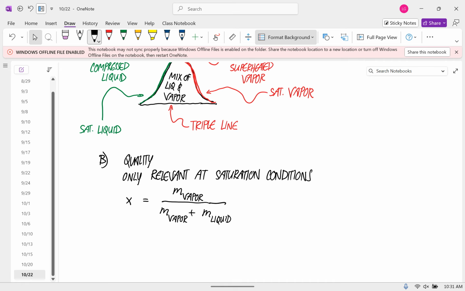And it's between 0 and 1. A quality of 0 is a saturated liquid. A quality of 1 is a saturated vapor.